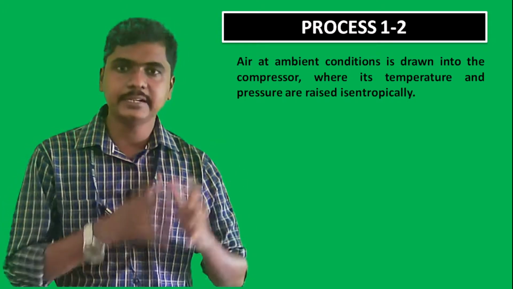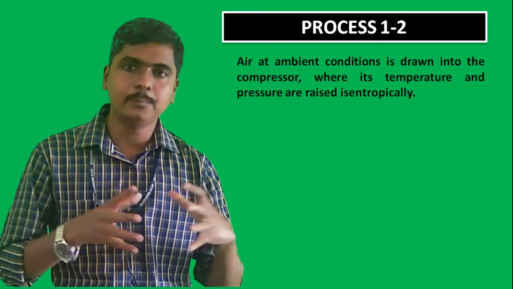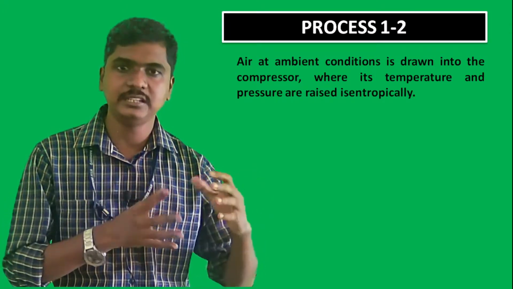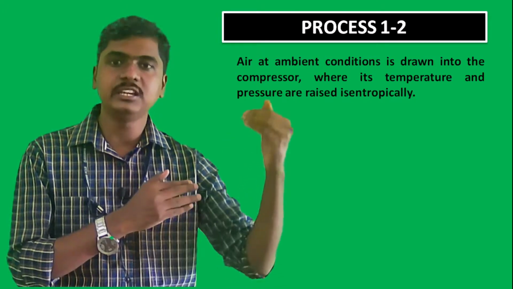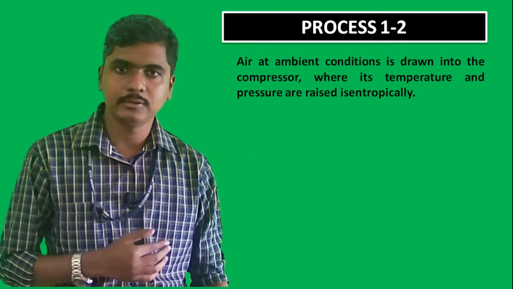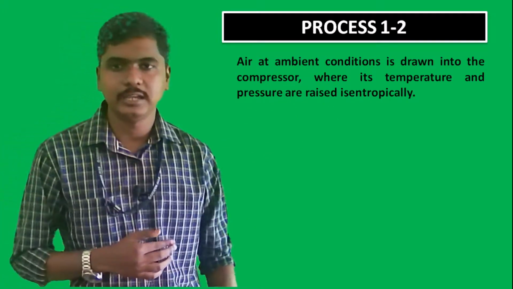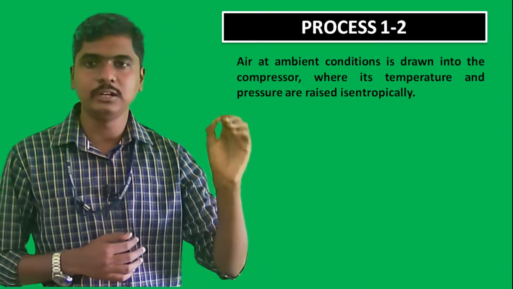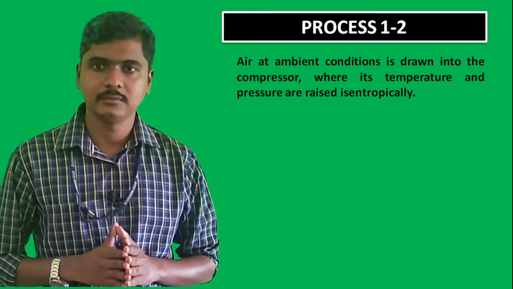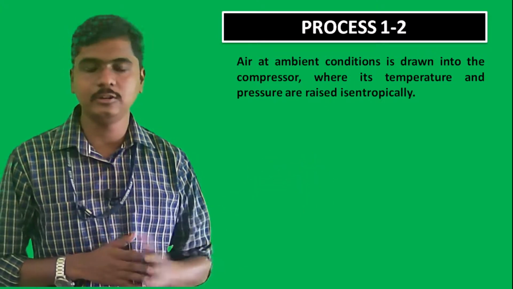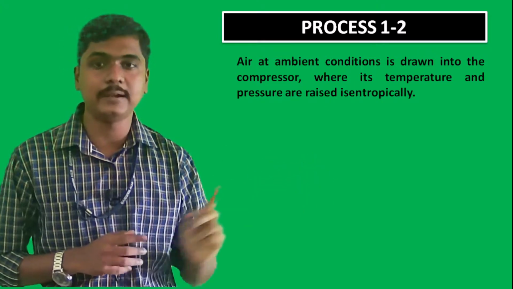Okay, then inside the compressor the air will get compressed and its temperature and pressure will increase isentropically. What do you mean by isentropically? Entropy of the gas will remain constant. Okay, an isentropic process is also called a reversible adiabatic process.